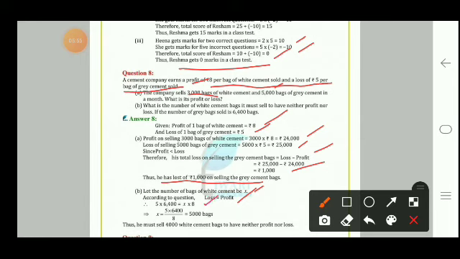So x is equal to 5 into 6400 upon 8, that is 5000 bags is the answer. It means he must sell 5000 white cement bags to have neither profit nor loss.